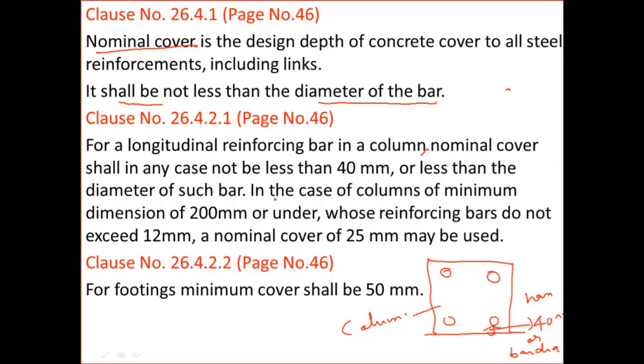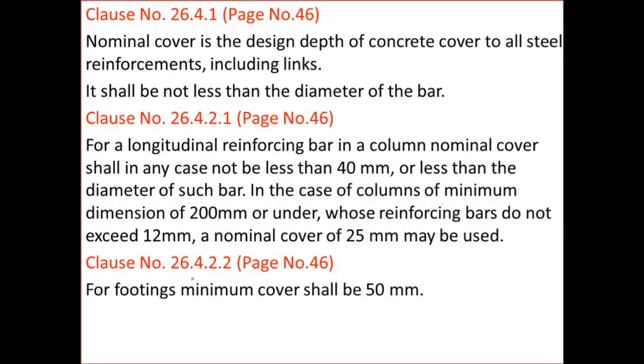And in the case of columns of minimum dimension of 200 mm or under, the nominal cover you have to provide is 25 mm if the bar diameter is not exceeding 12 mm.